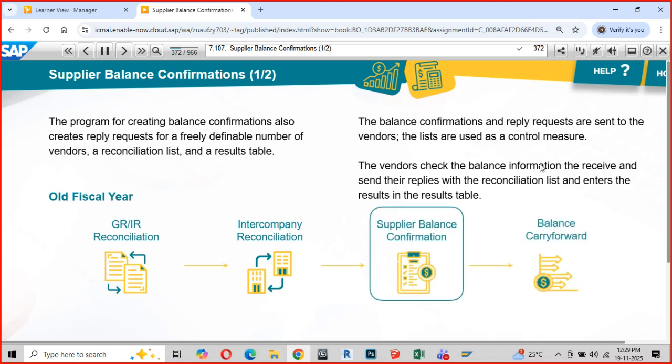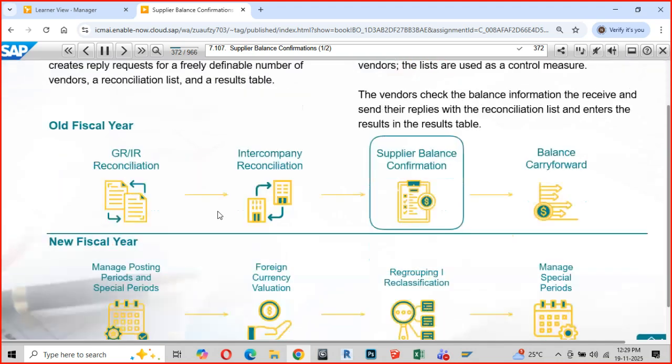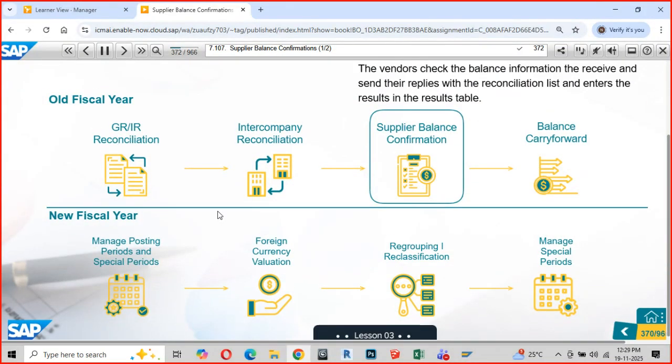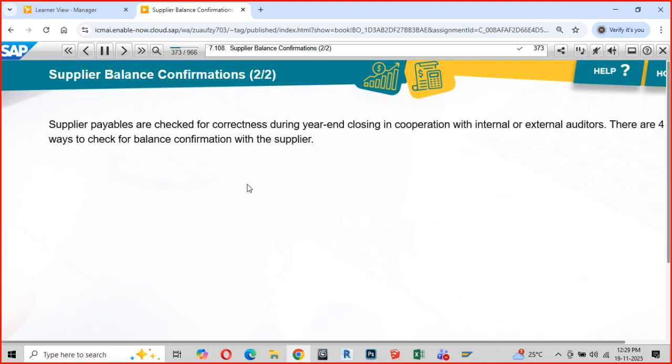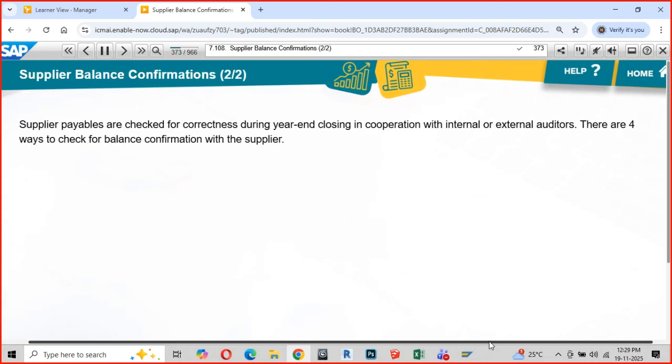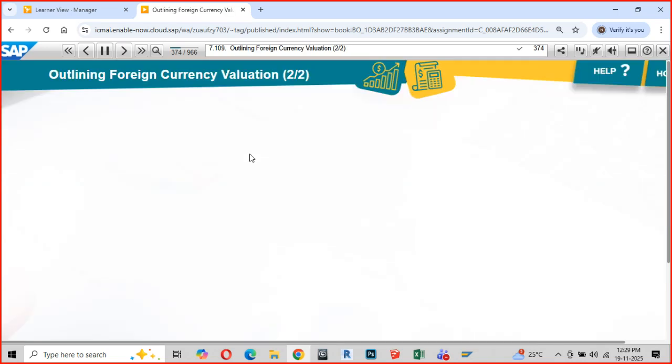Old fiscal year, new fiscal year. I theoretically explained all this during the period closure. So we close the old year and open the new financial year. So we have already seen this balance confirmation, supplier balance confirmation, customer balance confirmations, F.17.